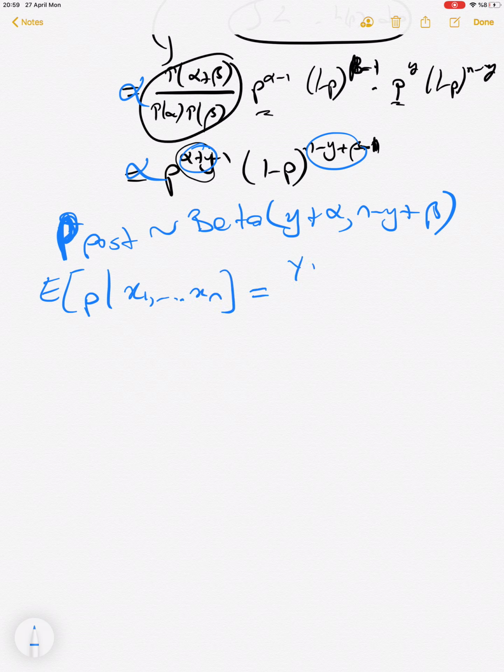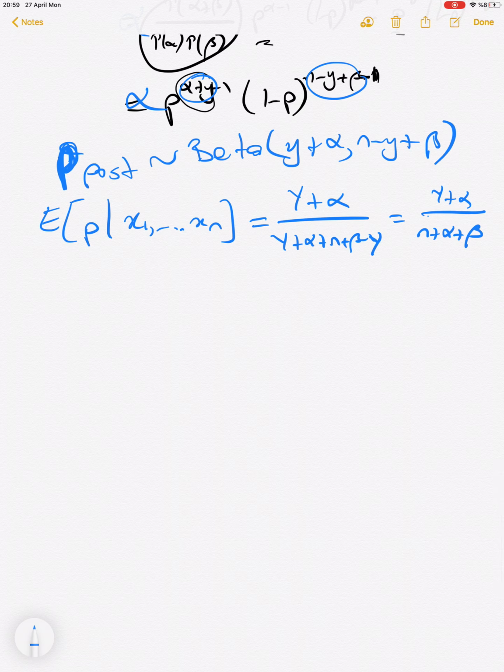If you know the beta expectation, you can easily get it: y plus alpha over alpha plus n plus beta, which gives y plus alpha over n plus alpha plus beta. Okay, so this can be the Bayes estimator of p. So we can use it as an estimator for p.